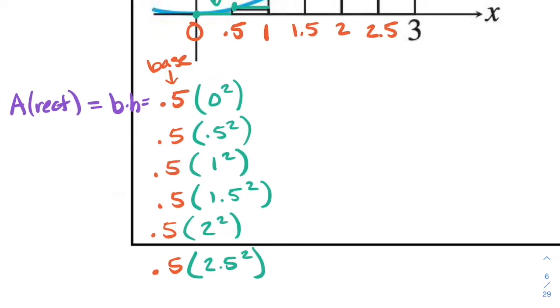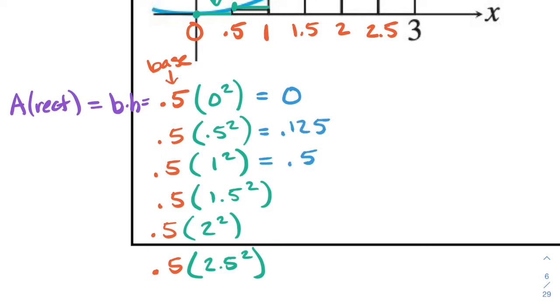So this is going to give me 0.5 times 0, and 0.5 times 0.25. You know what? Why don't I just do the math in my calculator, to save room. So this is going to be 0. This is 0.125. Yep, this will be 0.125.